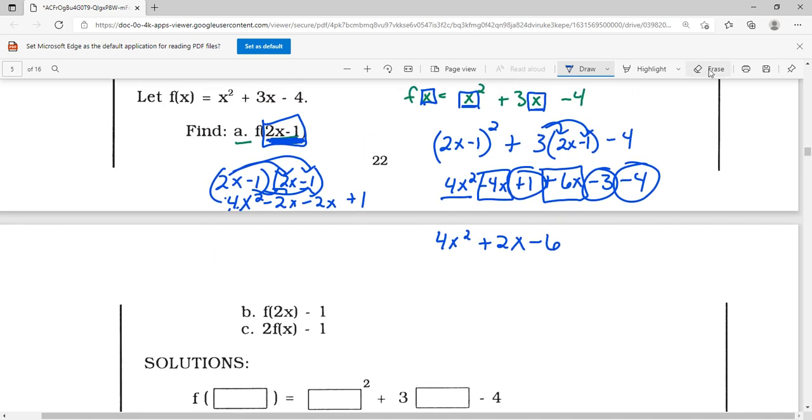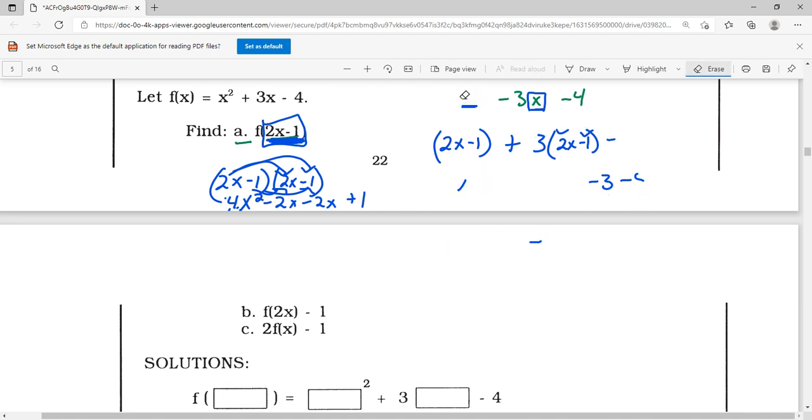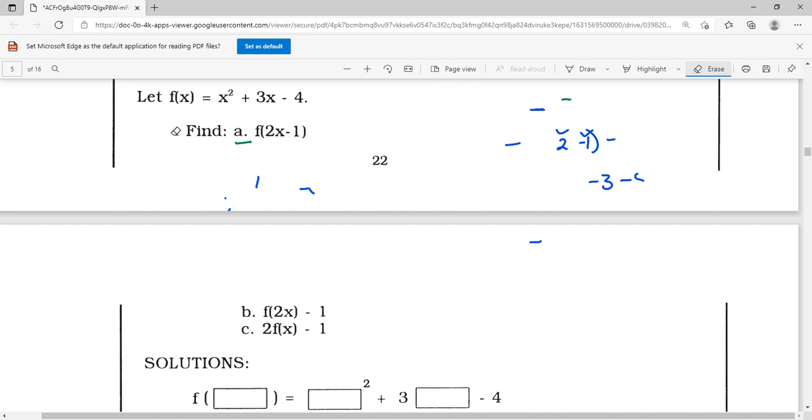All right, let's try another one. Okay, so for B, we're going to be feeding in f of 2x and then subtracting 1.